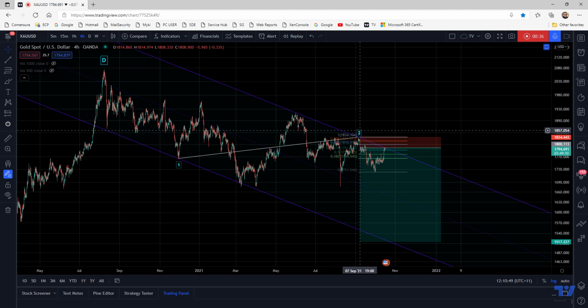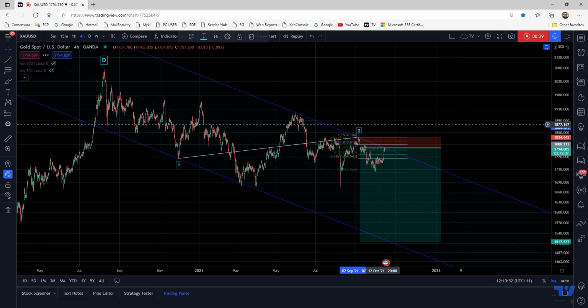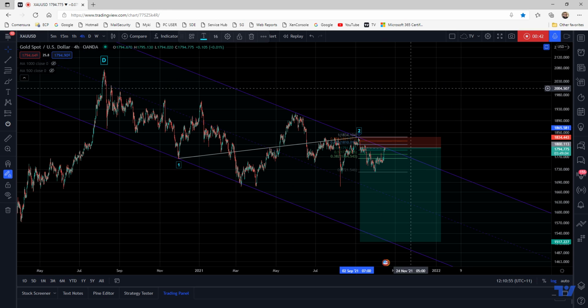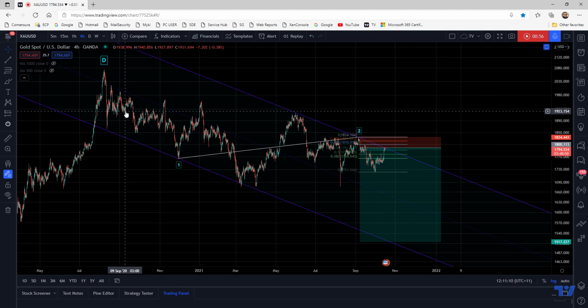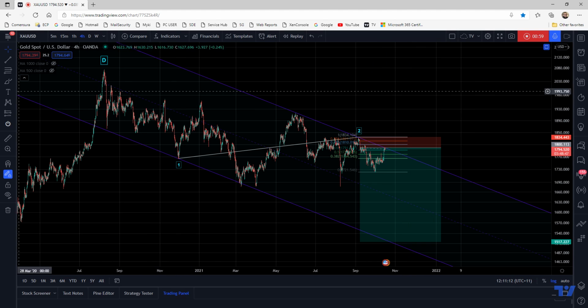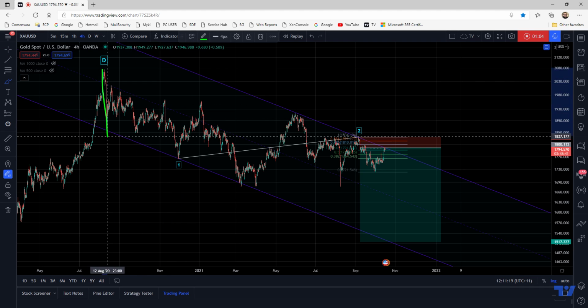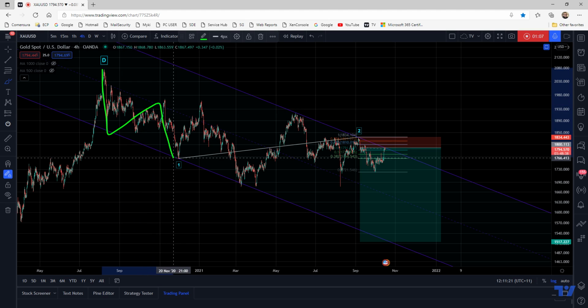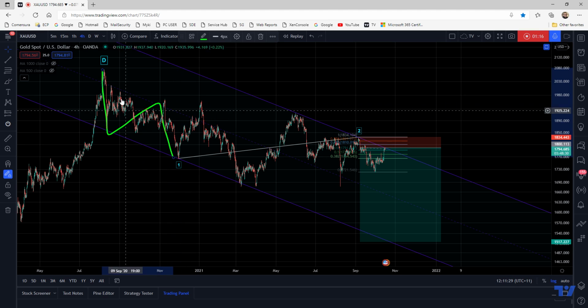Now, in this particular case, we're looking at a gold scenario where we're in a downtrend, and judging by the pattern that I'm seeing unfolding, it indicates that we're in what I call a type 1 weak wave E. The reason being is because wave 3, if this was to be a wave 3, like say for example this was a 1, a 2, a 3, this particular wave 3 is weaker and shorter than the first move down.